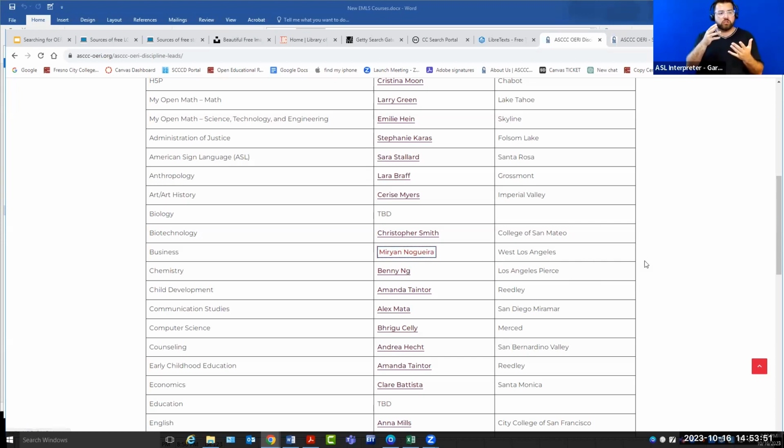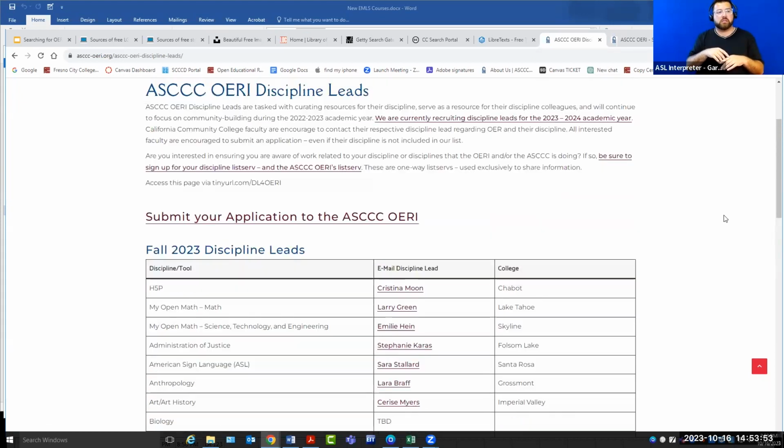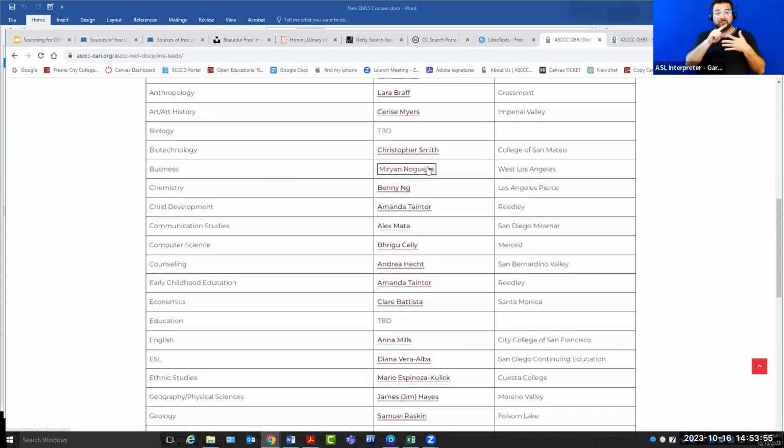This is a paid position. The discipline leads get a stipend to basically support faculty who are right in your situation.